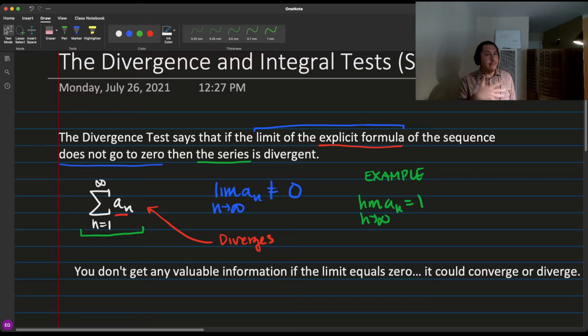If the limit goes to 0, it tells you nothing. It could converge or diverge. What you do know is that if it's not equal to 0, then it definitely diverges. So let's use this as an example. Or if the limit doesn't exist. I guess I should say that. If the limit is not equal to 0 or does not exist, then it diverges.